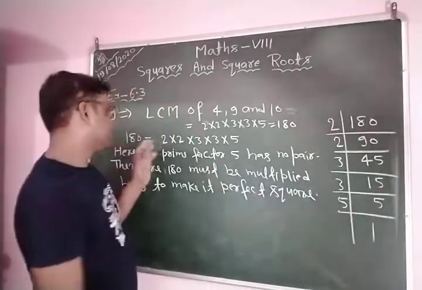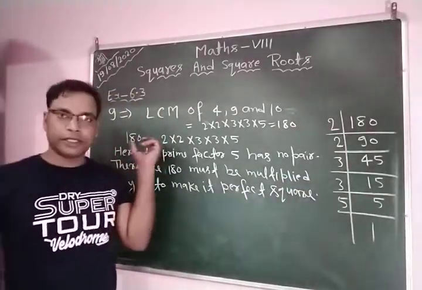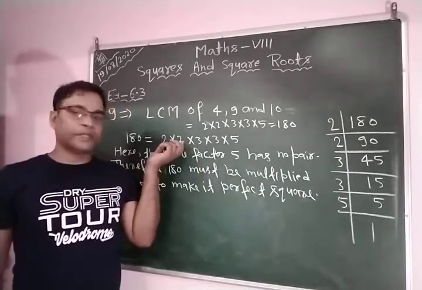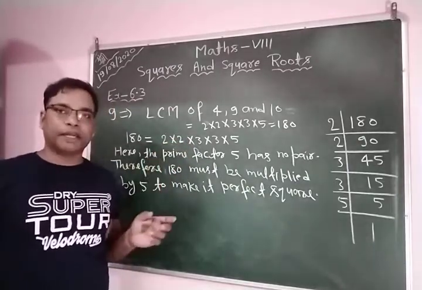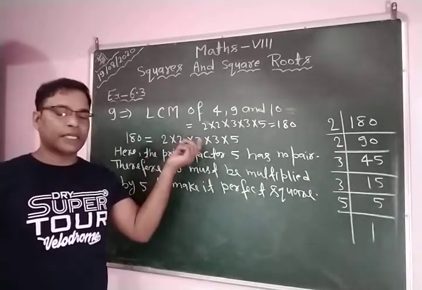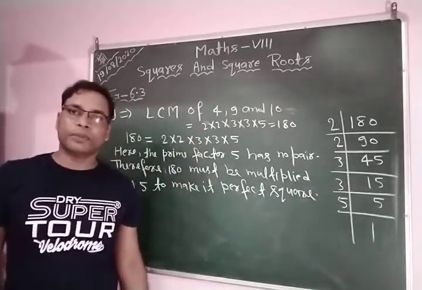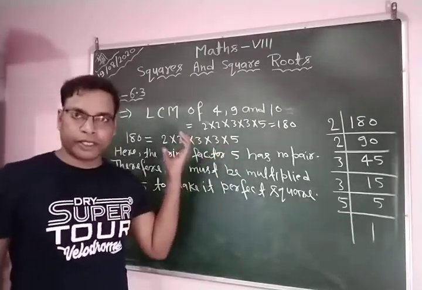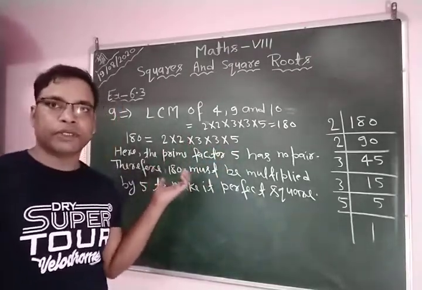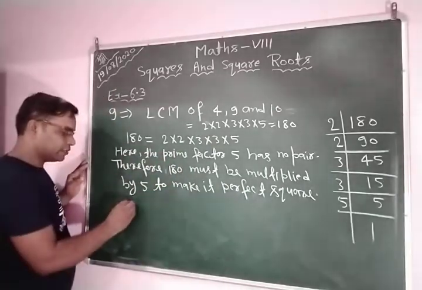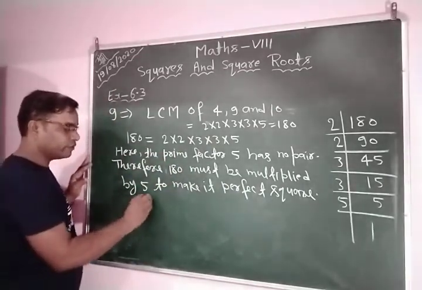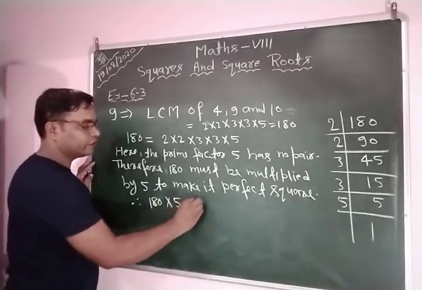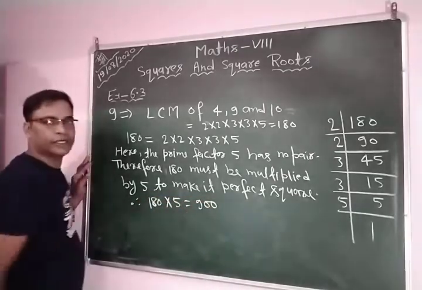We can express 180 as a product of prime factors. 2 is in a pair, 3 is in a pair, but 5 has no pair. So we need to multiply 180 by 5 to make it a perfect square number. Therefore 180 into 5 is equal to 900.